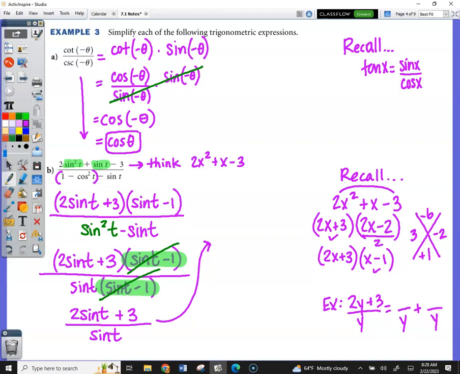So over here, I'm going to say to myself, okay, I'm going to separate this with sine of t on bottom. I want 2 fractions. Then you look at the top, and you just separate the terms. So you got 2 sine of t, and then you have 3.